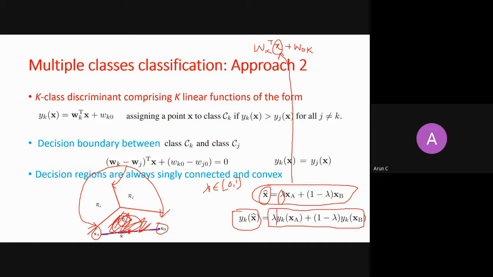Because I already told you that xa belongs to region Rk and xb also belongs to Rk. This means that yk is greater among all the hyperplanes. And if these two values are greater among all the hyperplanes, then the convex combination will always be greater among all hyperplanes. That's why all the points falling onto this line will belong to yk, right?